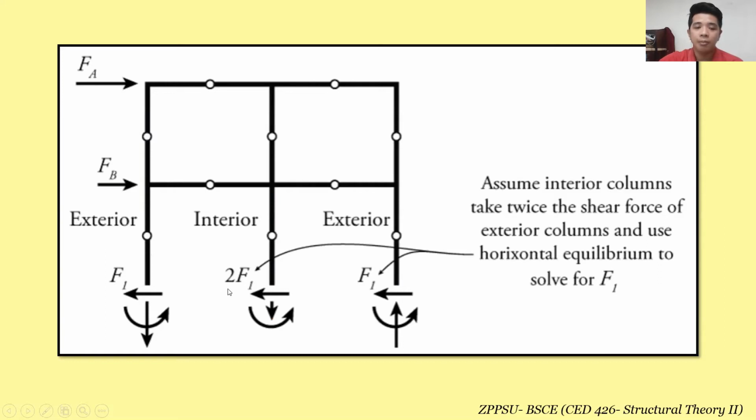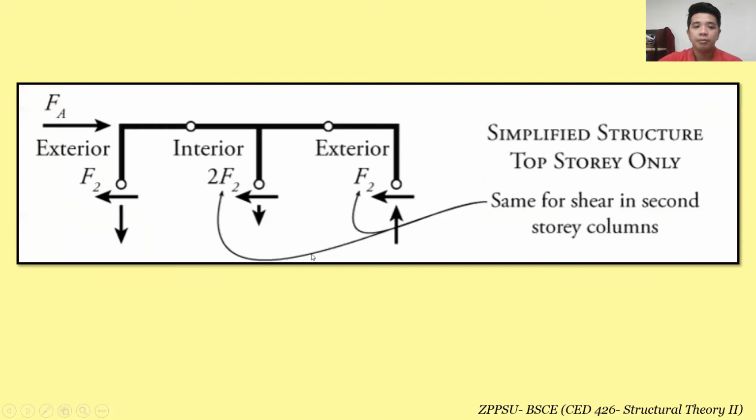That's why it is 2 times F sub 1. So magkapareho lang ito at ito. And lahat ng nasa loob ay twice mo lang kung ano yung nasa labas. So ganyan lang. So this is a simplified structure, top story only.